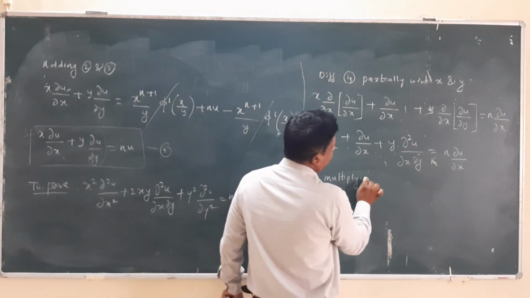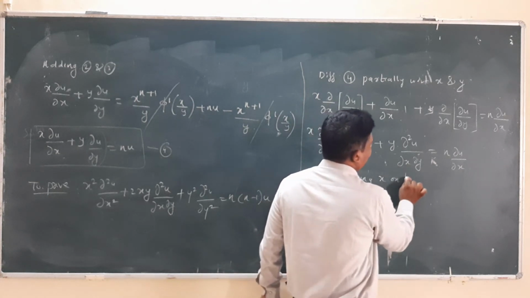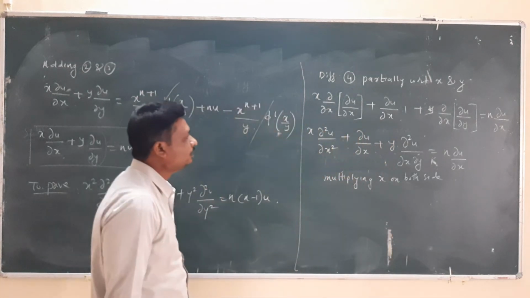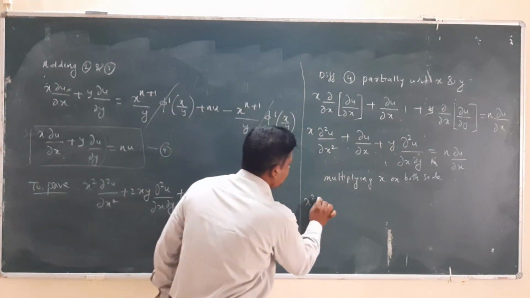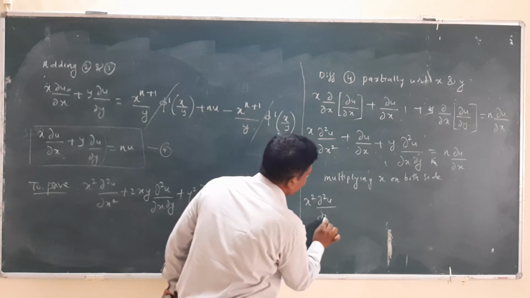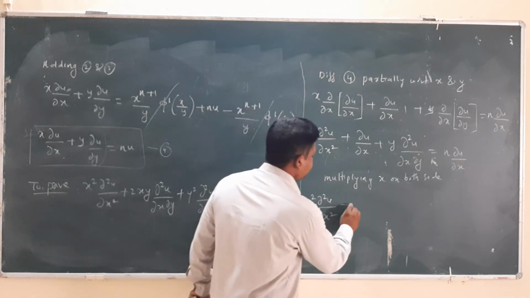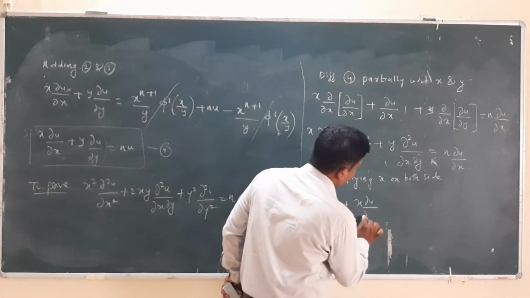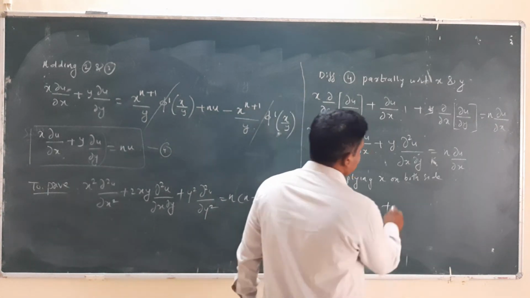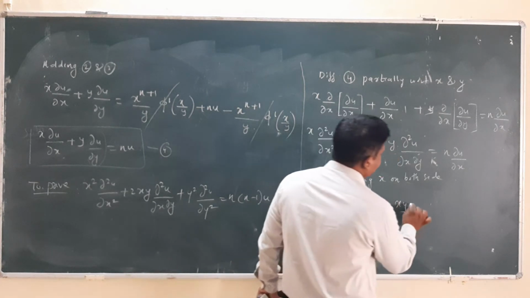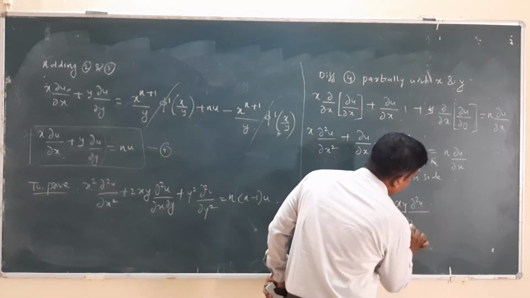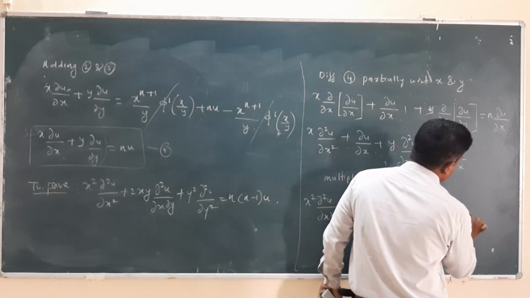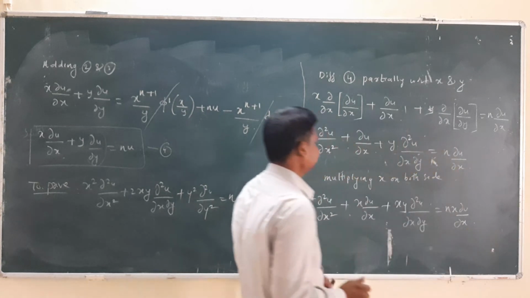Multiplying x on both sides, this becomes x square ∂²u/∂x² plus x into ∂u/∂x plus x into y ∂²u/∂x∂y is equal to nx ∂u/∂x.